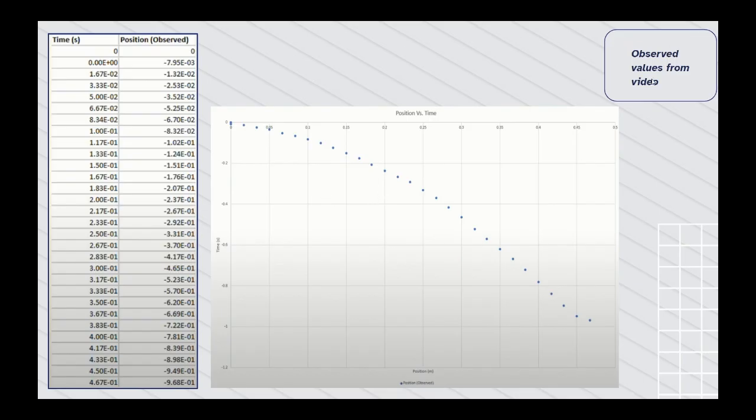These are the values that our tracker allowed us to get from the video, and this graph is quite uneven as you see at the end. So this pretty much shows that there's probably some human error, as expected.